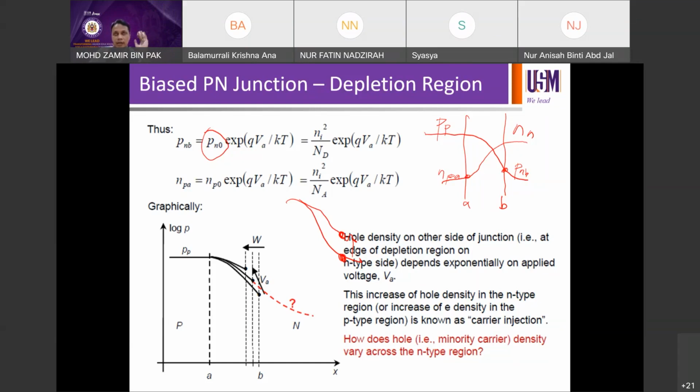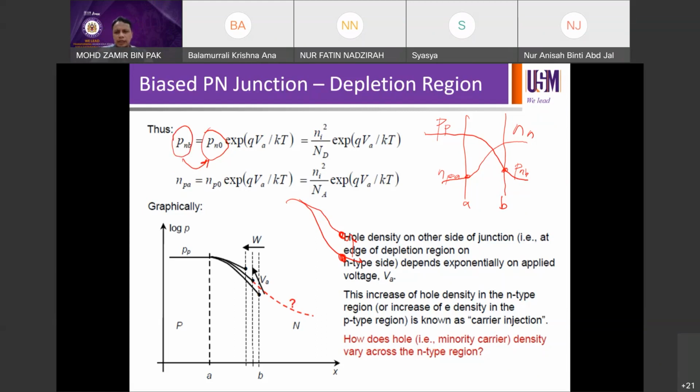Sebab sekarang kita dah, by reducing the barrier height, you are forcing the diffusion of the carriers from both sides into the opposite region, and therefore you should expect higher level of minority carriers to be found in the opposite region. Okay, so that's why we need to see the comparison between this in relation to this.